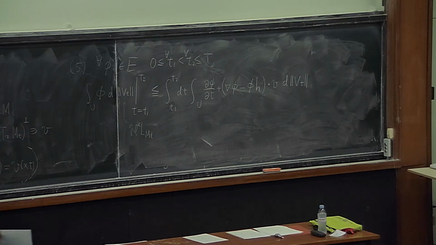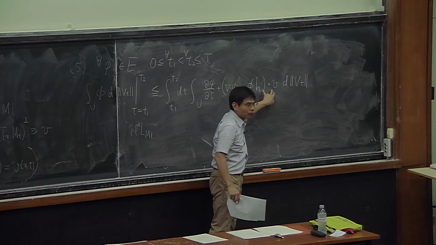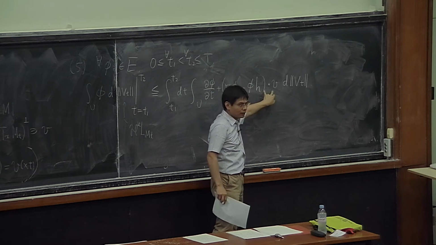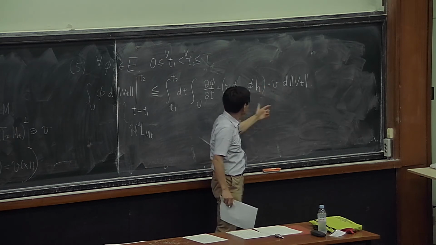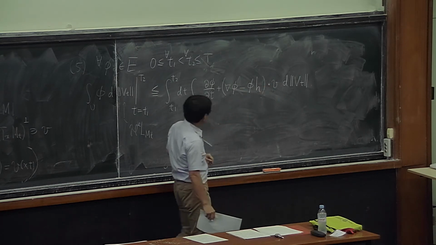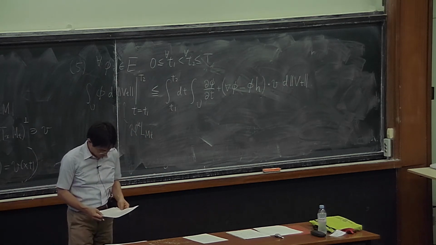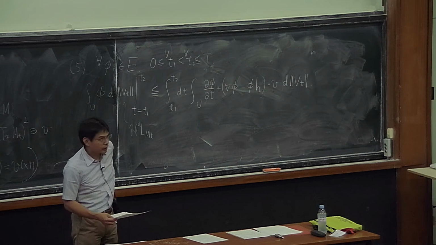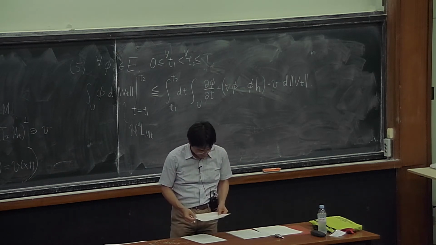Since it's L2, and I'm also assuming that the velocity is L2, h dot v is integrable. So that's the notion that you can define for the velocity for a varifold.